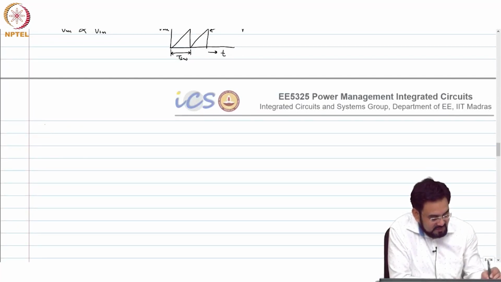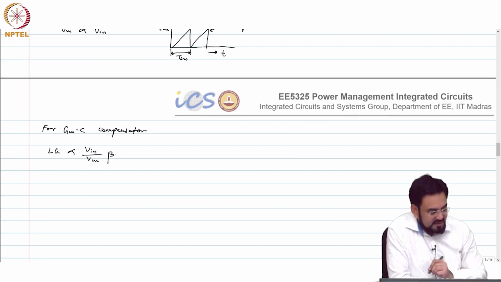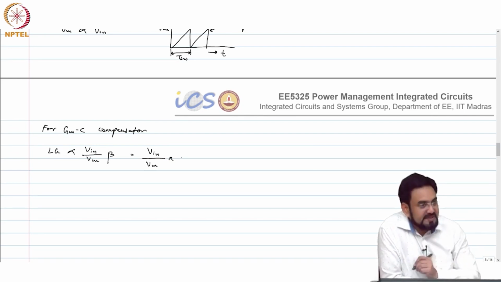So for GMC compensator, LG is proportional to V in over Vm and beta, which is nothing but V in over Vm into, what is beta?